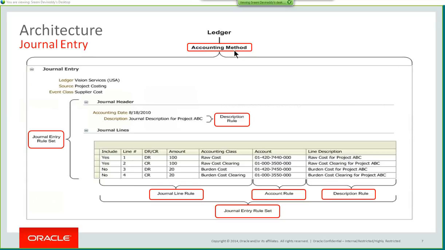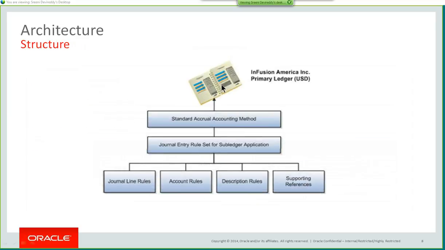So every ledger has an accounting method associated with it, and the method has rule sets, and a rule set has rules. That's the hierarchy. Okay, ledger, accounting method, journal entry rule sets, and rules. Something like this. So ledger, method, rule set, and journal line rule, account rule, and description rule.